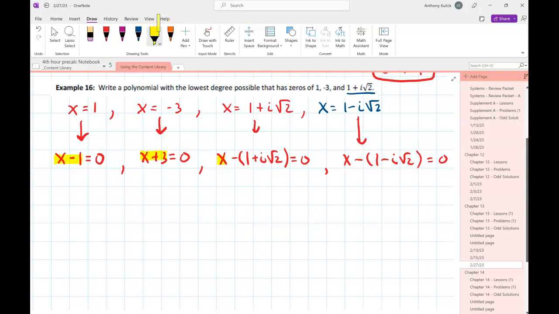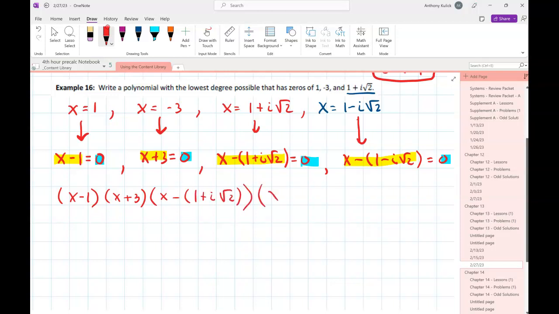I'm going to multiply all the left-hand sides of these equations together, and then multiply all the right-hand sides together. Is everybody okay with that?